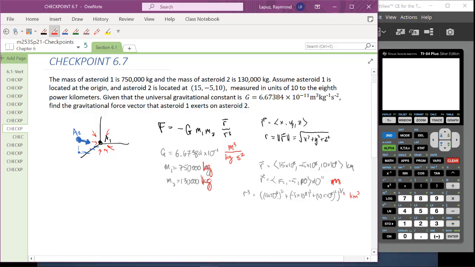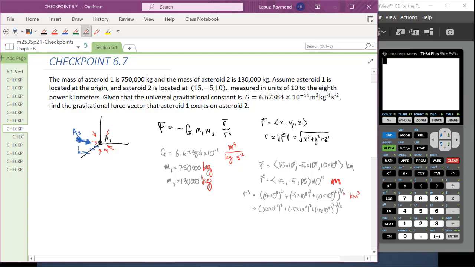But let's see if we change that into meters. Then each of these powers will be to the 11th power, and it'll be in meters. So let's rewrite that as 15 times 10 to the 11th quantity squared plus -5 times 10 to the 11th quantity squared plus 10 times 10 to the 11th quantity squared, all to the 3/2.